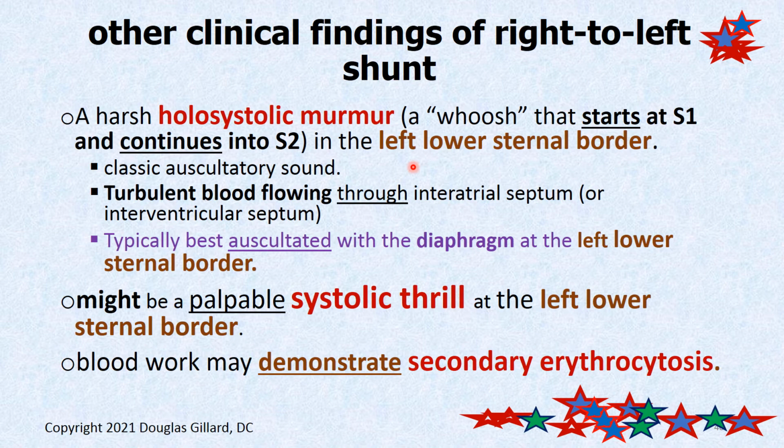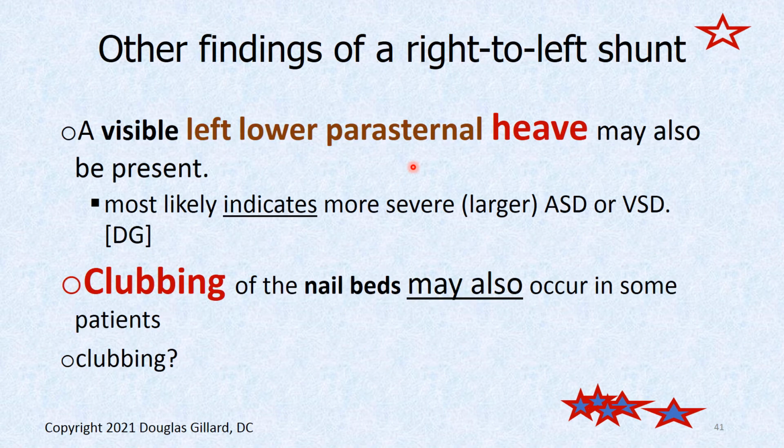You can also put your metacarpophalangeal joints there, which are good at feeling vibration, and you could possibly detect a thrill, which is like a cat purring, again at the left lower sternal border. You could do blood work and find erythrocytosis. Hematocrit will be raised. I could have added that in there as well.